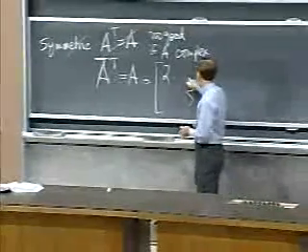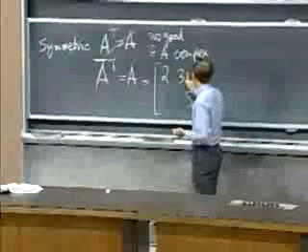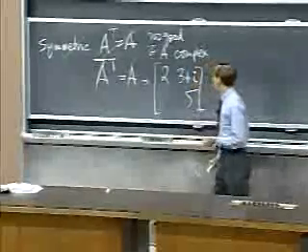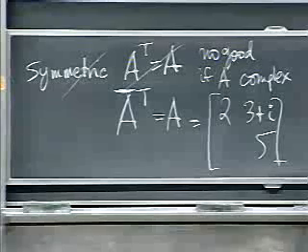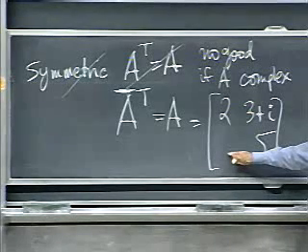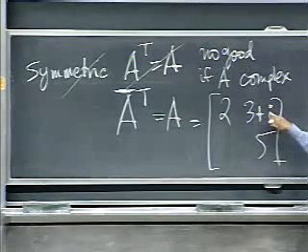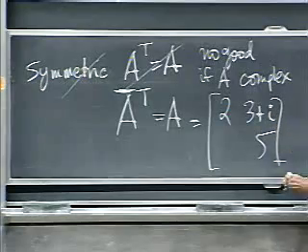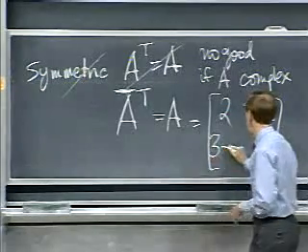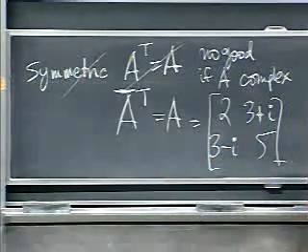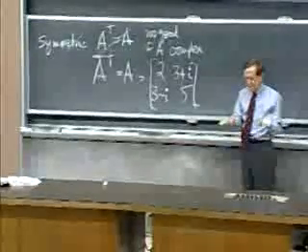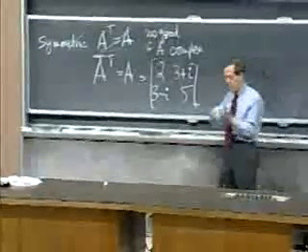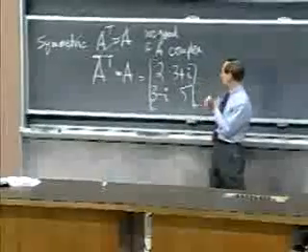If this entry is, say, 3 plus i, then when I transpose, it'll show up here, and I conjugate. So I need 3 minus i there. So there's a matrix that corresponds to symmetry, but it's complex.